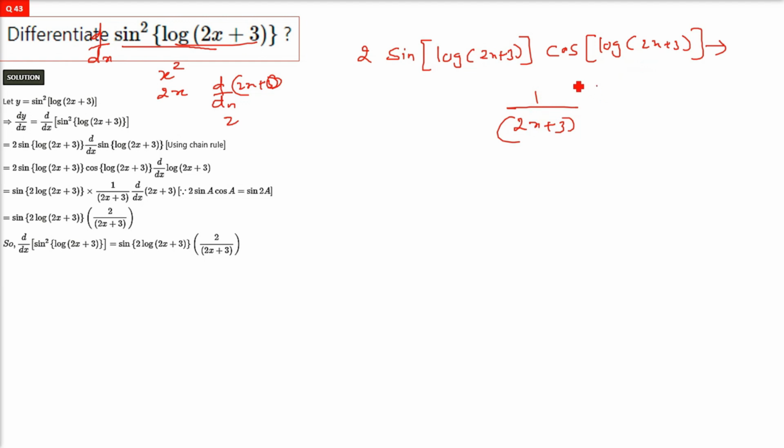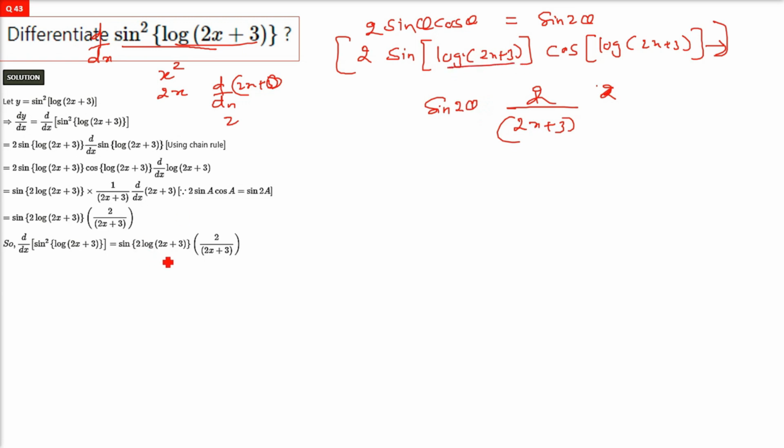So 2 sine cos, the theta is same, and this is 2 by 2x plus 3. These are all in continuation. But you see here, we know that 2 sine theta cos theta is sine 2 theta. This is 2 sine theta cos theta, and you can directly write it as sine 2 theta. So this is sine 2, and what is the theta?